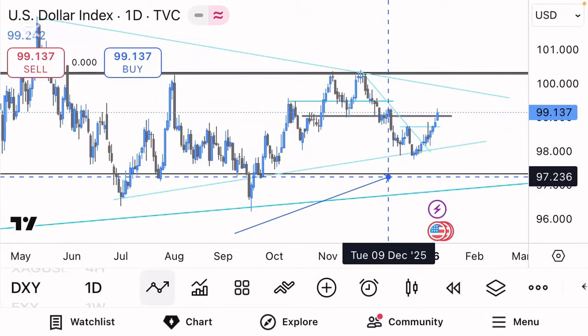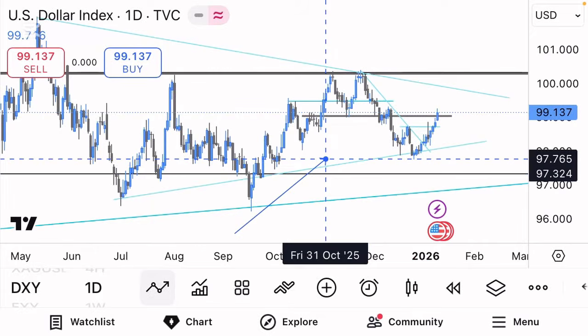Understand what's happening on the DXY chart, because whatever happens on the DXY chart is the vice versa of what happens on the Euro USD chart. So we come on the DXY chart, which is the US index, and we understand it. When we understand it, then we use the knowledge that we've gotten from the DXY to now trade the Euro USD, which you can also use for GBP USD or any other USD related pairs.